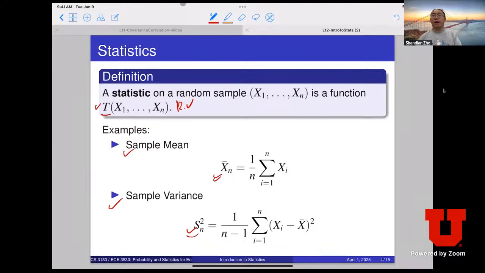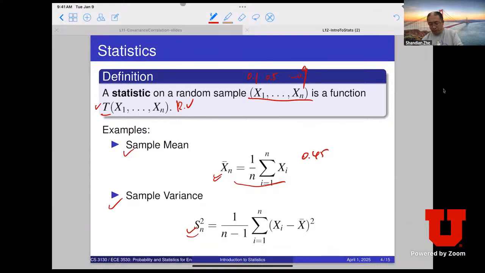How do we see this, not from the definition, but in a more intuitive way? Because x1 to xn are random variables, if you take some measurements on them, this time you probably get a set of values, say 0.1, 0.5, 0.9, and you can calculate the value of the statistic, say the average, maybe 0.45.